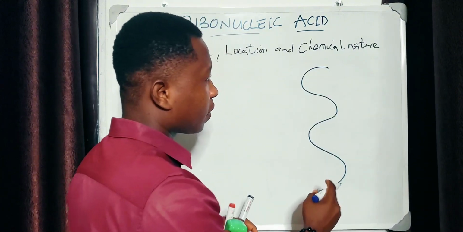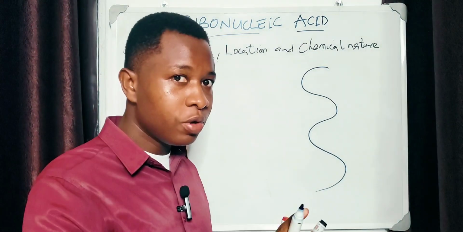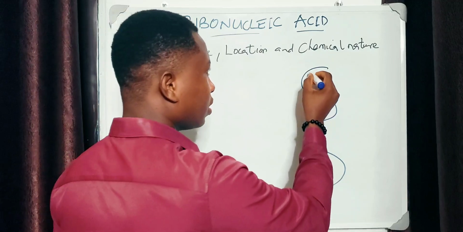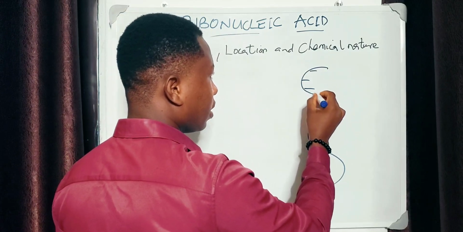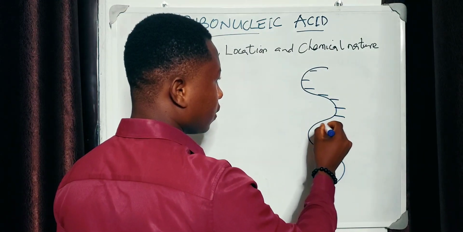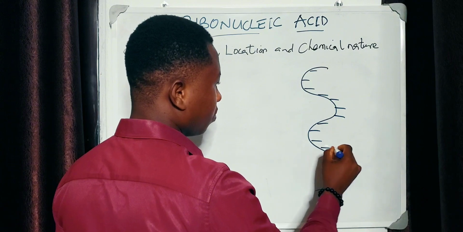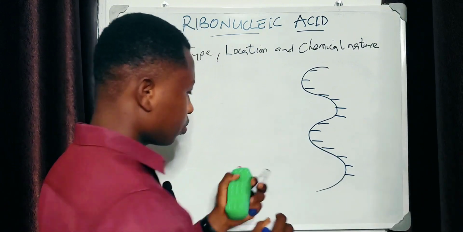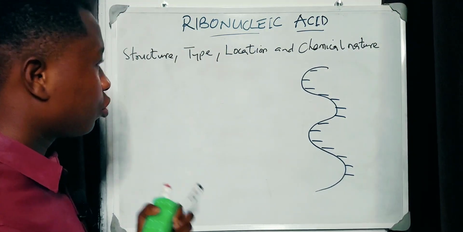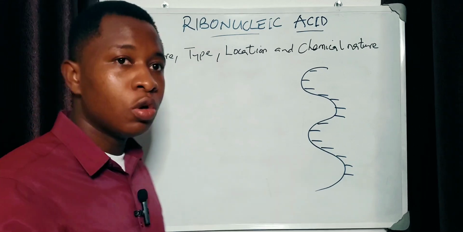This is what the RNA looks like. It is single-stranded with the different organic base. All right, so in terms of structure, this is what the RNA looks like.